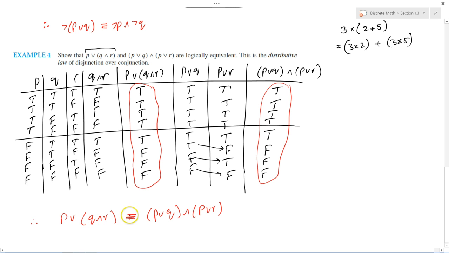And hence we can conclude that this, we call this the distributive law of the disjunction over the conjunction. And now that we know that these two are logically equivalent, later on we can use this equivalency to build more complex logical statements.